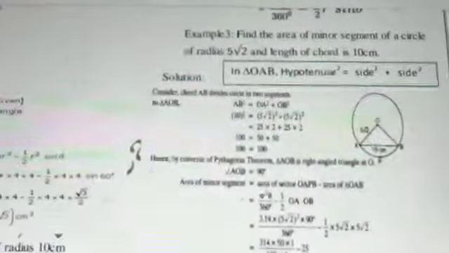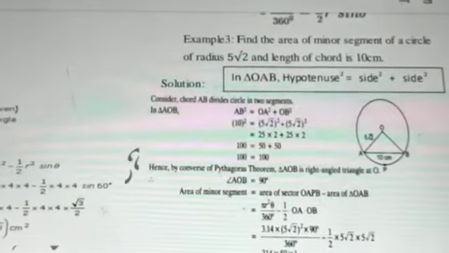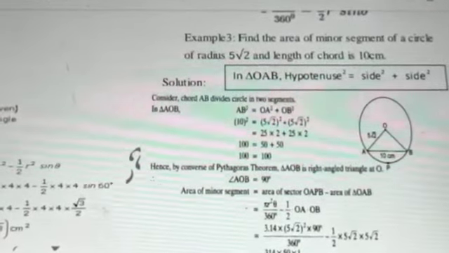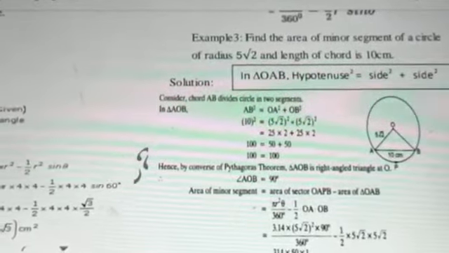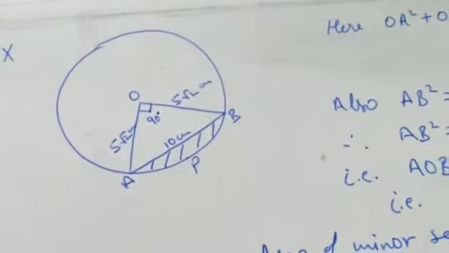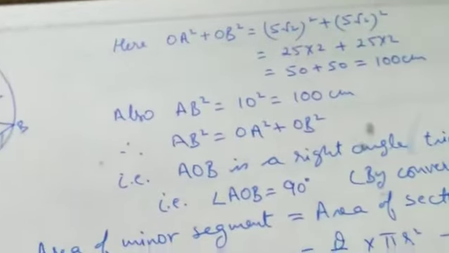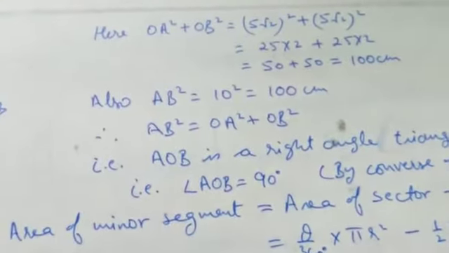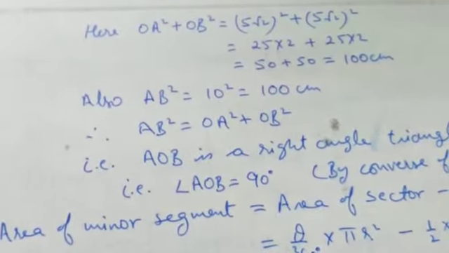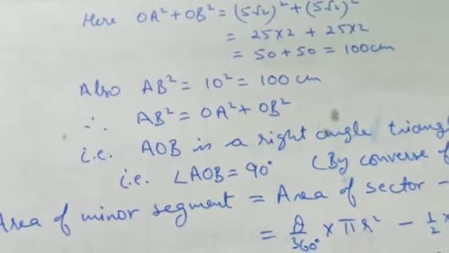Now let us do example number 3, which says find the area of minor segment of a circle of radius 5 root 2 and length of chord is 10 centimeter. Now here we see that OA and OB both are 5 root 2 centimeter. So if we square and add these two sides, we get OA square plus OB square equals 100 centimeter square.